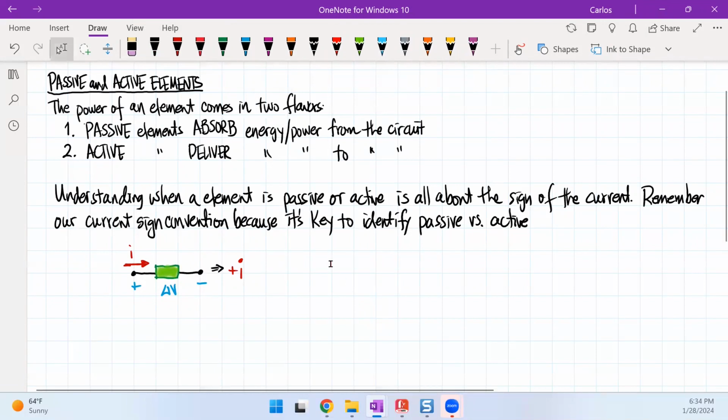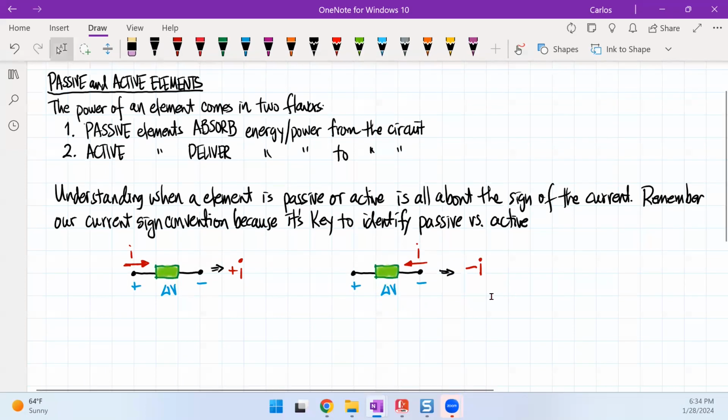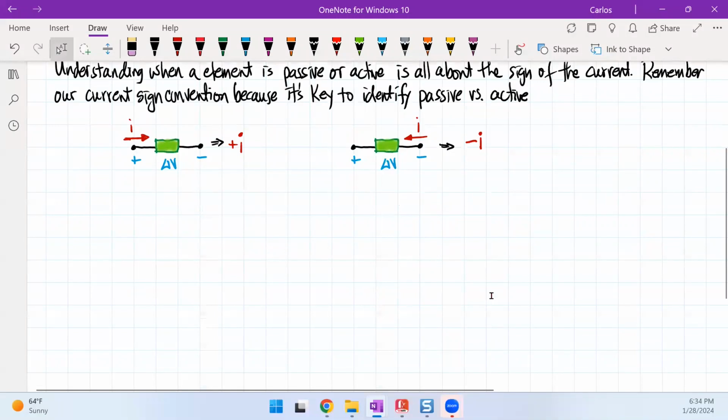That's what that is telling us. On the other hand, if the current enters the negative terminal, then we say here that it's going to be a negative current that's flowing through that element. So we got to remember those details. Okay, now that we have that, let's go look at them.